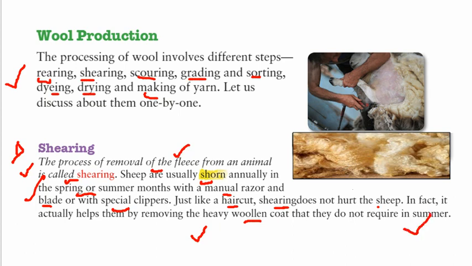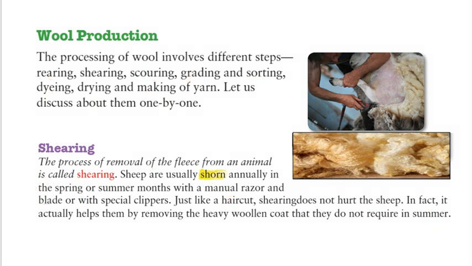Because during the summer they feel very hot, that's why they do not require the hair during the summer season. So this is the first process, shearing. And what you have to remember in this process is the removal of fleece. You have to write down this definition in an appropriate manner, and pronounce it as shearing.